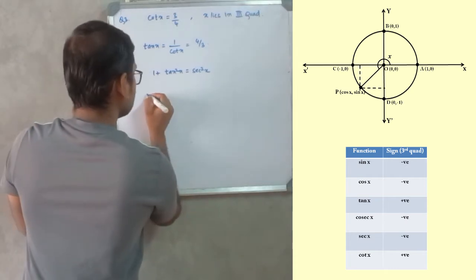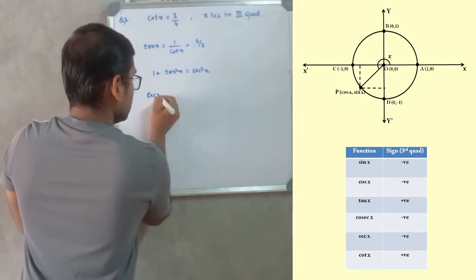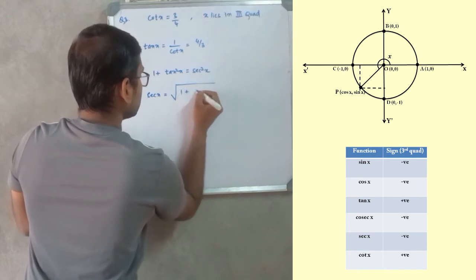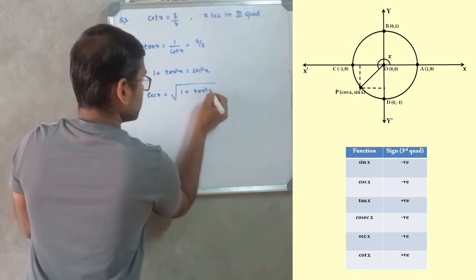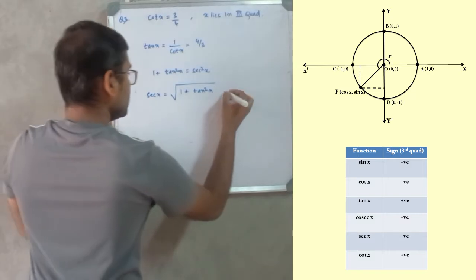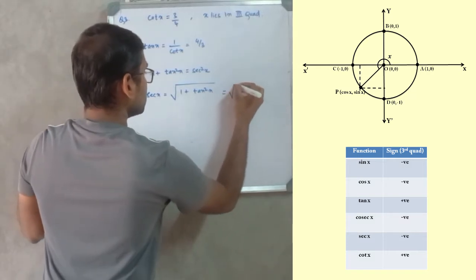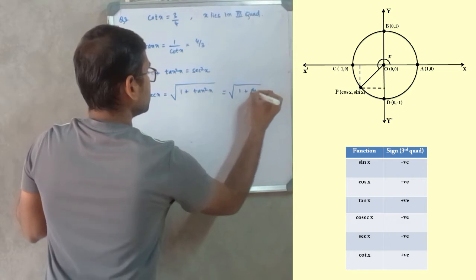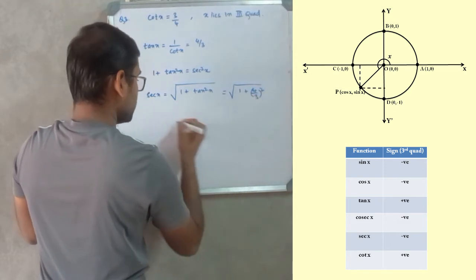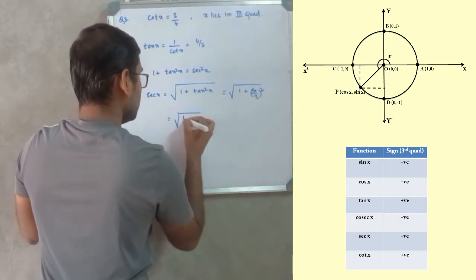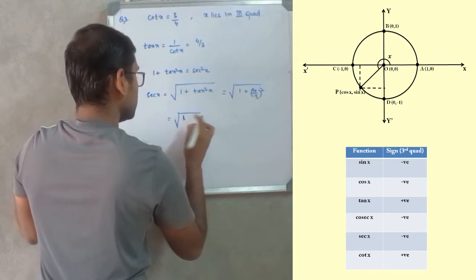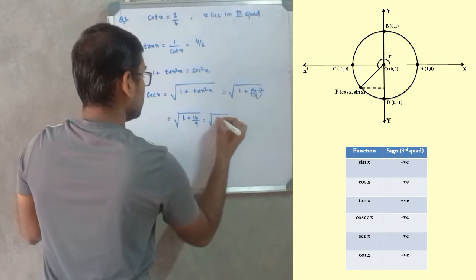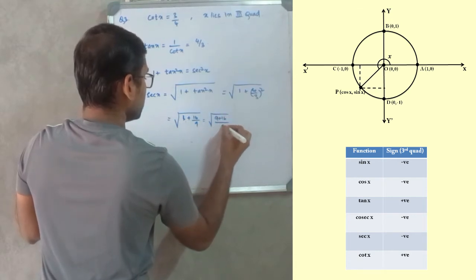Now sec x is given by this relation, that is square root of 1 plus tan square x. Now substituting the value of tan x, we get under root 1 plus 4 by 3 whole square, which will be 1 plus 16 by 9, which will be 9 plus 16 by 9.